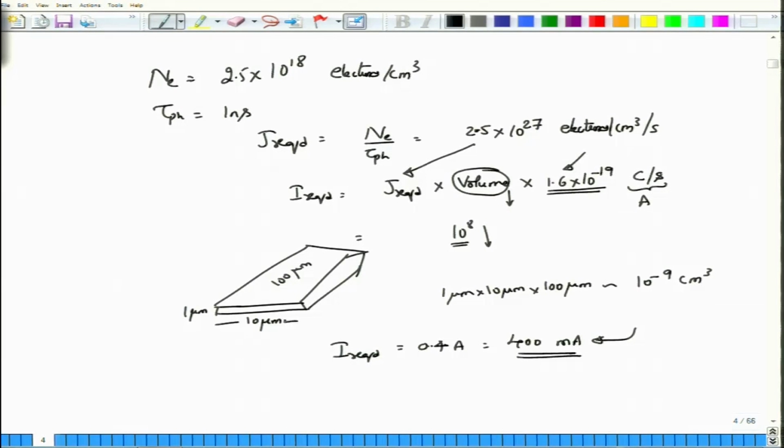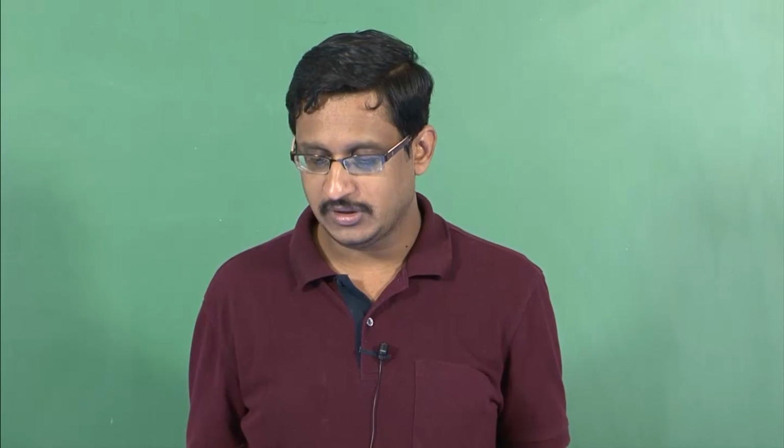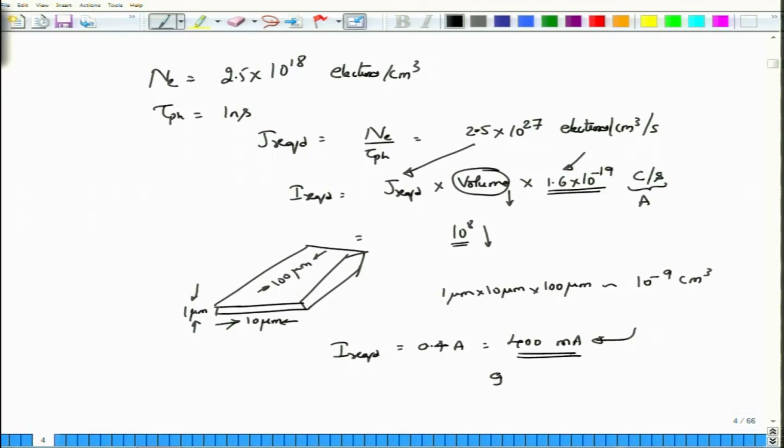These numbers will be substantially reduced when you go to what is called a quantum well laser or a double heterostructure laser. So the pumping current requirement to start off the process of lasing is considerably brought down. Most modern DFB lasers require anywhere between 50 to 90 milliamperes to achieve lasing, which is a tremendously small current requirement.